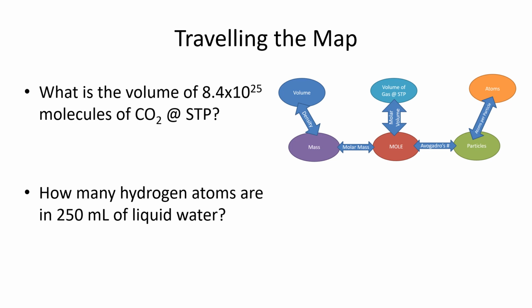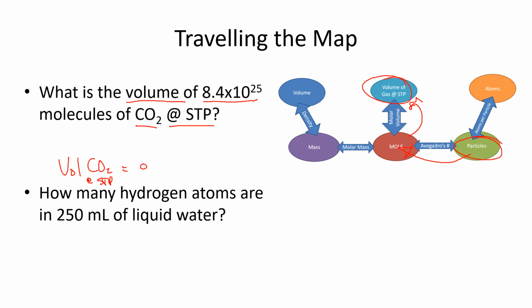So this one is asking what the volume of this number of molecules of CO2 is. So I have a bunch of molecules, so we'll start here. And we want to end up with volume at STP. We want to end up here. So we're going to have to do 2 steps from here and then here, right? So we'll write down volume of CO2 at STP.